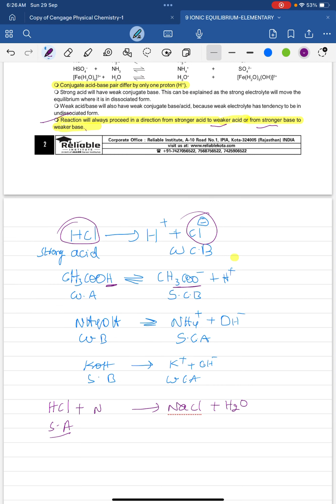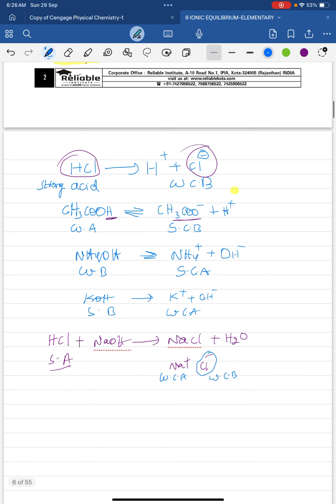So it is NaOH, NaCl, H2O. I can get Na plus and Cl minus. Now we can apply: it is a strong acid, so the corresponding one is a weak conjugate base, and it is a strong base, so here Na plus is a weak conjugate acid. So the reaction always moves towards the weak side. That is what they are trying to say.